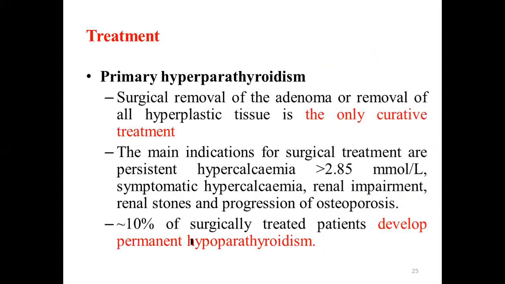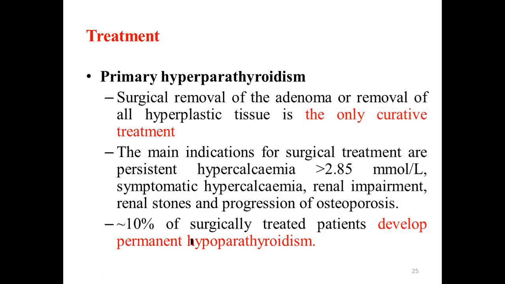Then, looking at treatment of hyperparathyroidism, the primary treatment is usually surgical removal of the adenoma. That is the only curative approach. If the patient has an adenoma in the gland, surgical resection will be curative, because it is the adenoma that causes increased production of the hormone.